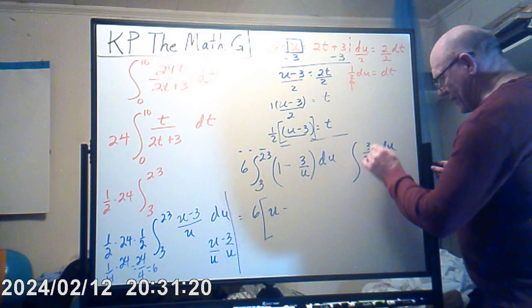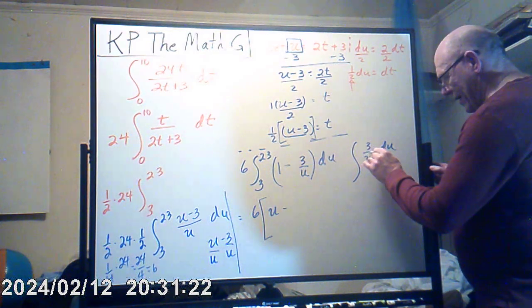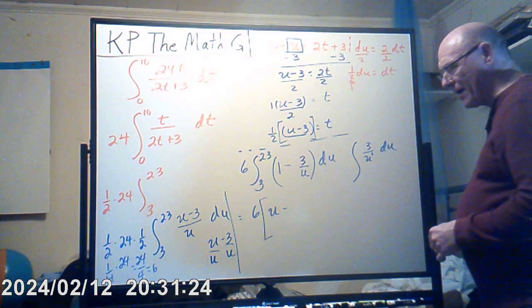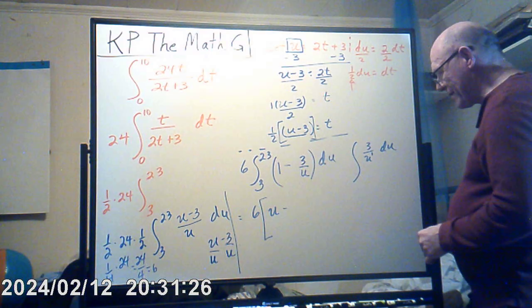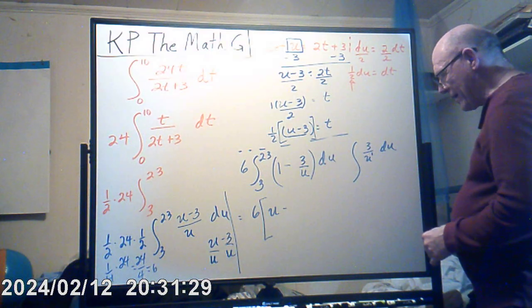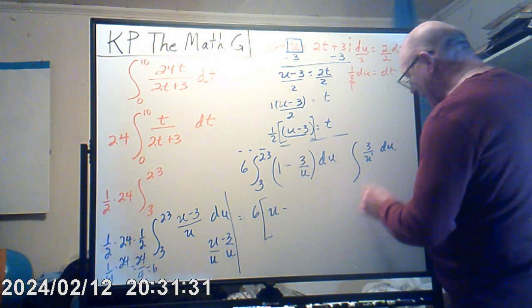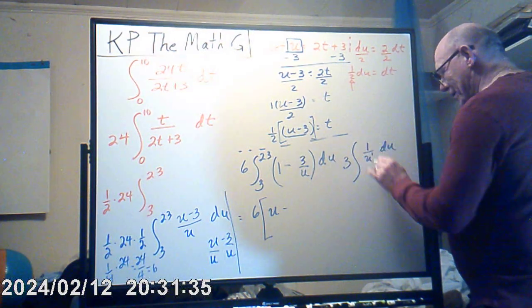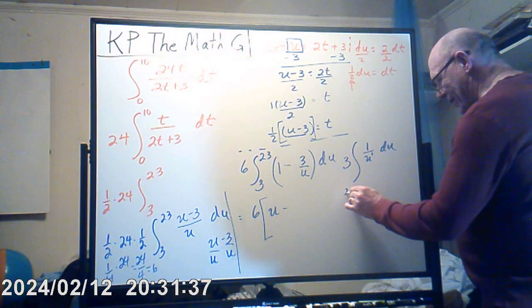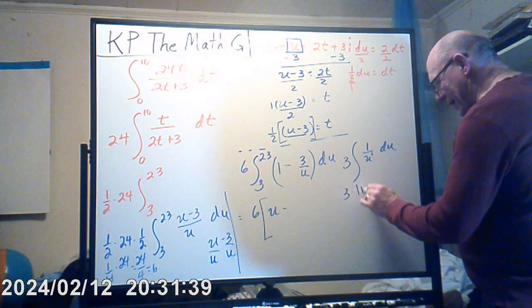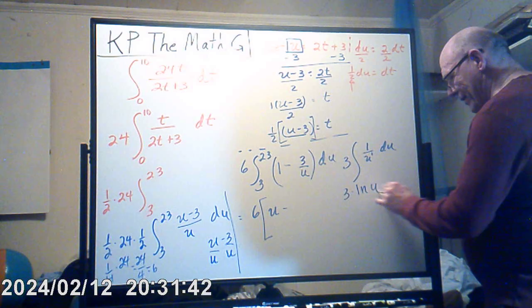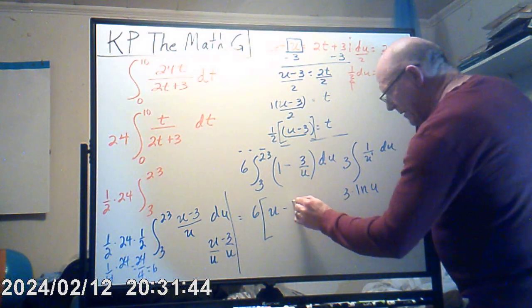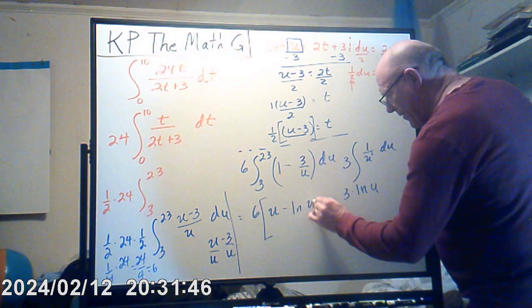This is the same thing as ln. If I put the 3 on the outside and make this 1 over u, this is ln. So 3 times ln of u. So this is actually minus ln of u.